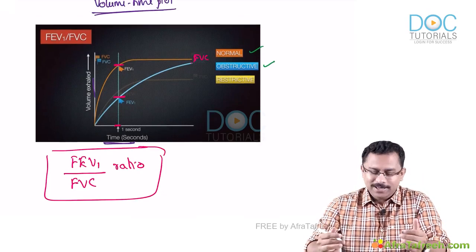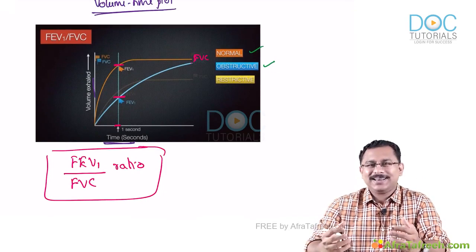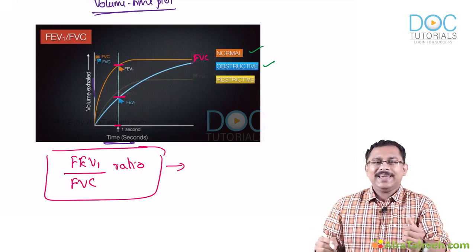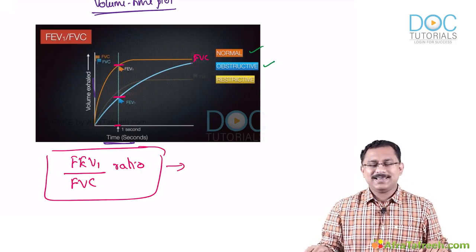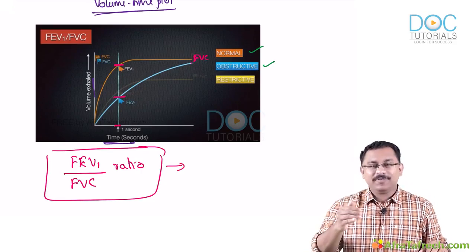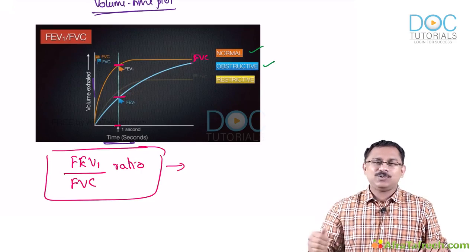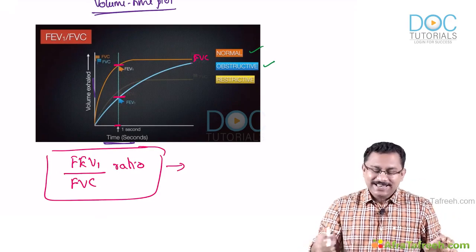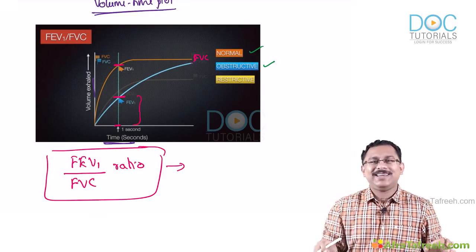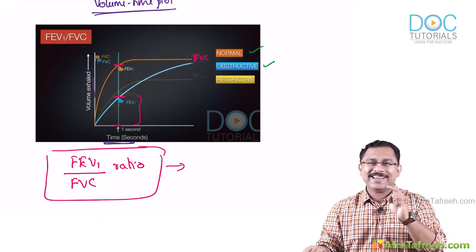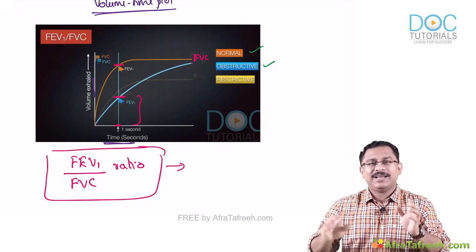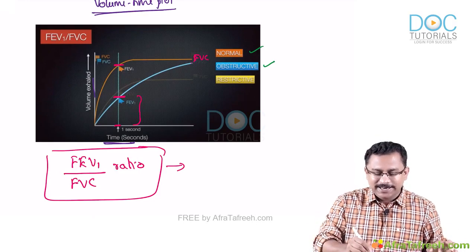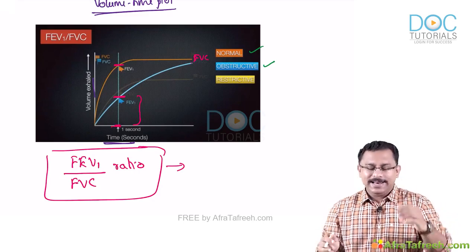So now you tell me, when you take into consideration obstructive lung disease, what will be this ratio, FEV1 to FVC? Remember, both FEV1 as well as FVC will be reduced. But what is more strikingly reduced? It is the FEV1, as is very clear. You can see the graph shape itself is very different, and at the end of the first second the FEV1 is very less.